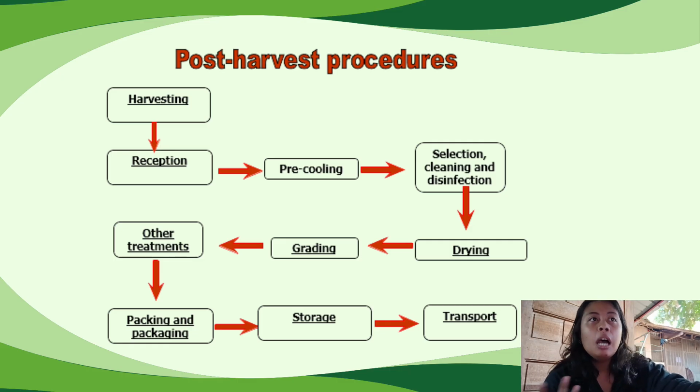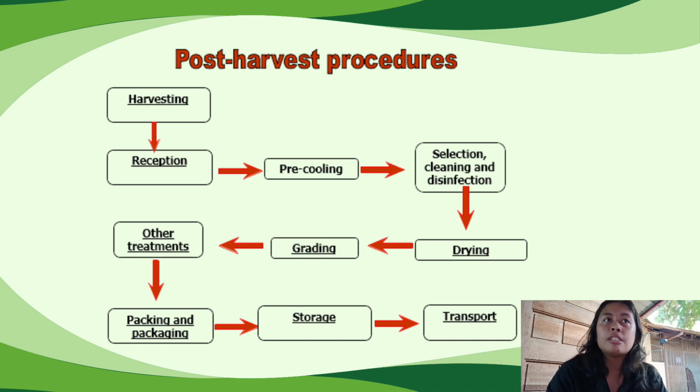Next is packaging and packing. This is done to keep it cold in the warehouse, in storage, and to protect it during transport. Next is storage, which is the proper keeping in the warehouse or in cold storage.